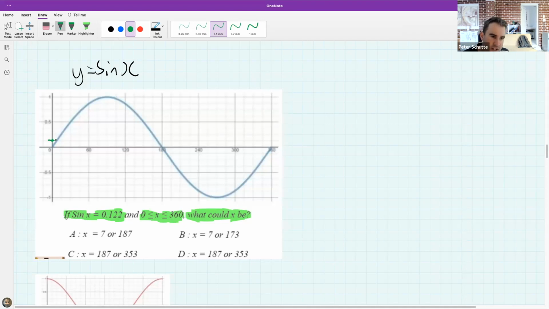And if you imagine it as a straight line, I want to suggest that y equals 0.122 is going to look a bit like that. So that is the graph of y equals 0.122. So where the two collide is going to be the x value that makes that true.